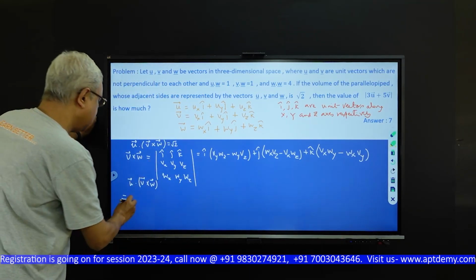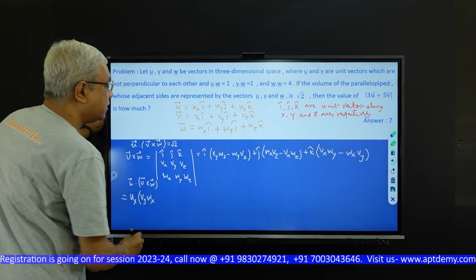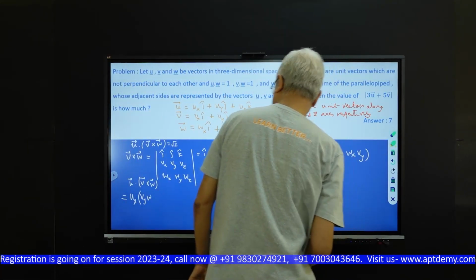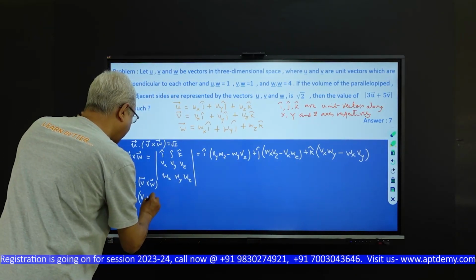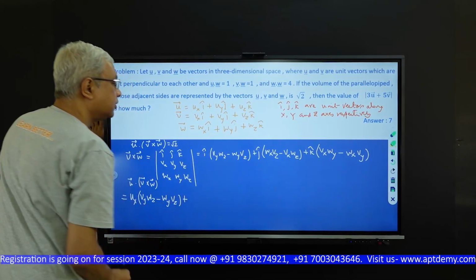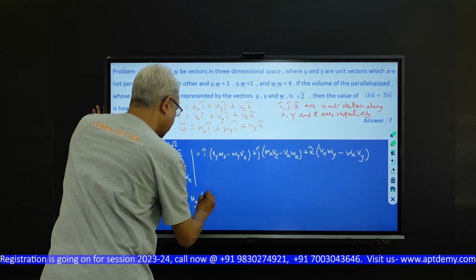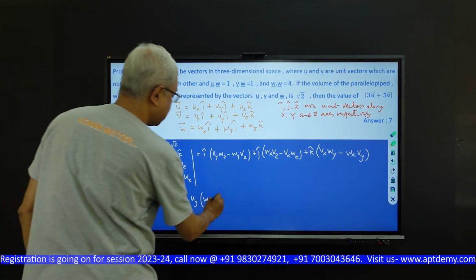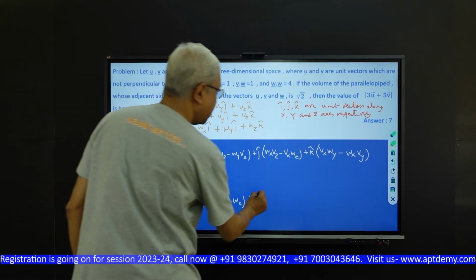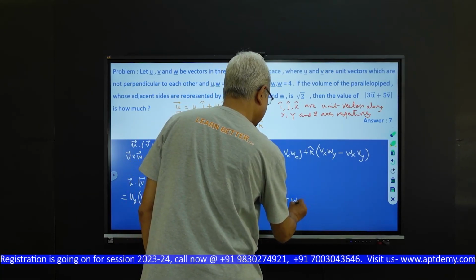This is nothing but Ux (Vy Wz minus Wy Vz) plus Uy (Wx Vz minus Vx Wz) plus Uz (Vx Wy minus Wx Vy).